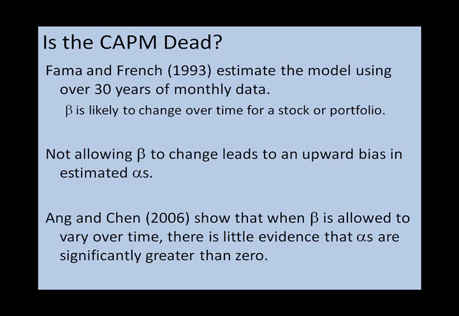So it's possible that the results Fama and French found were not due to the CAPM failing, but rather due to an upward bias in the estimated alphas, or because of statistical problems. Ang and Chen recently published a paper that shows that when beta is allowed to vary over time, there is much less evidence that alphas are significantly greater than 0.